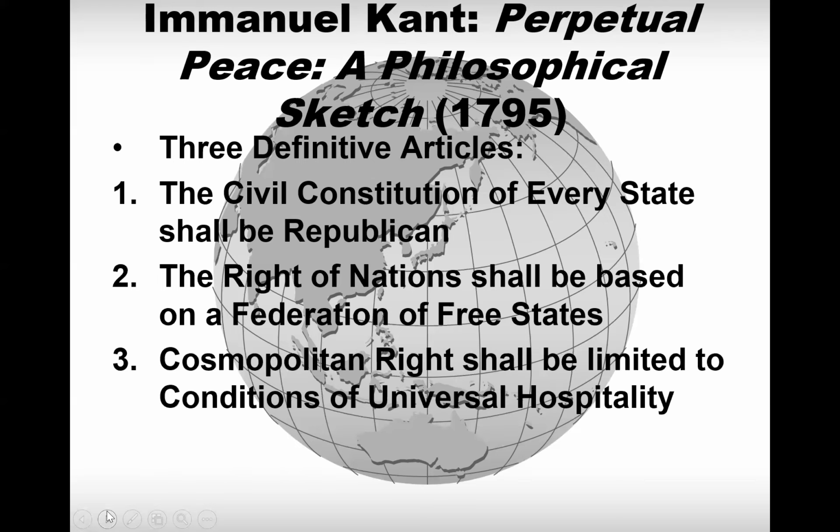And in this federation of free states, there would be a cosmopolitan right, which would be limited to the conditions of universal hospitality. So what this means is that everybody would have the right to live and work, or in Kant's day, to travel to another state and enjoy the same rights that they would have in their own state.